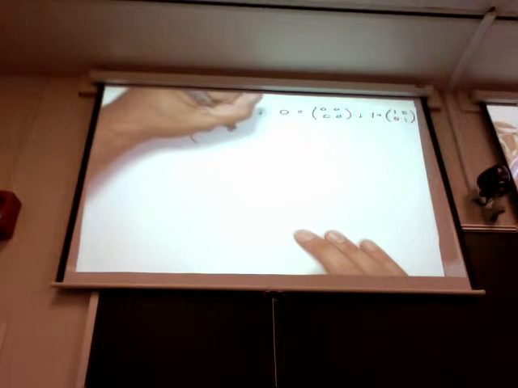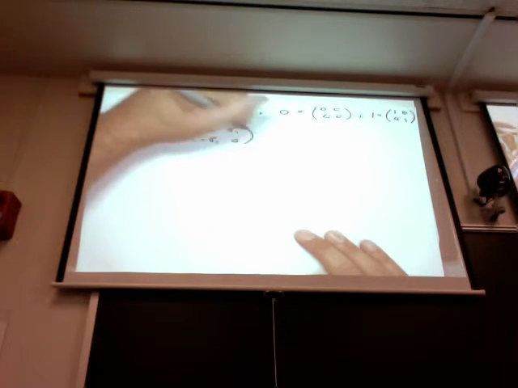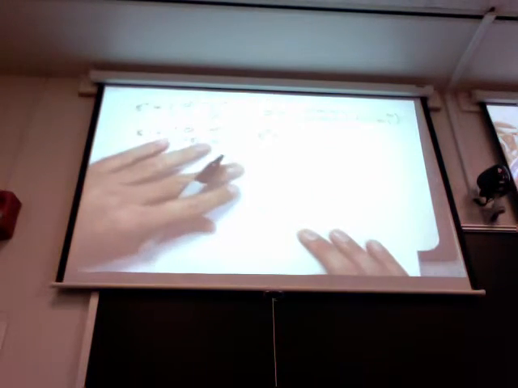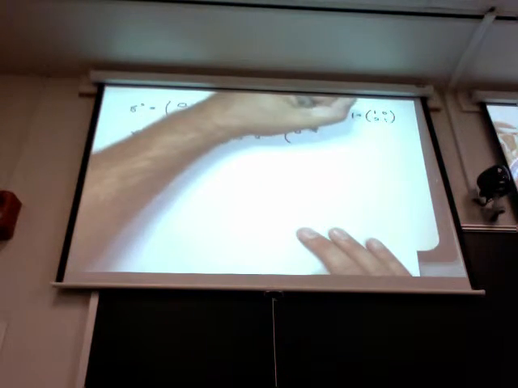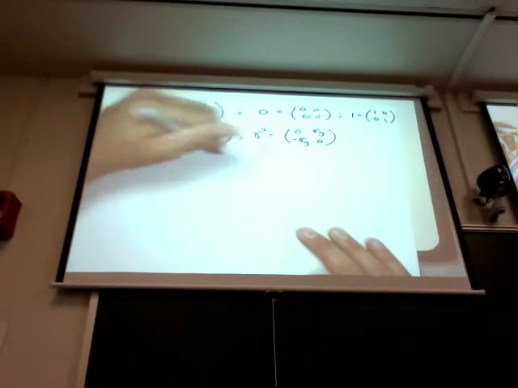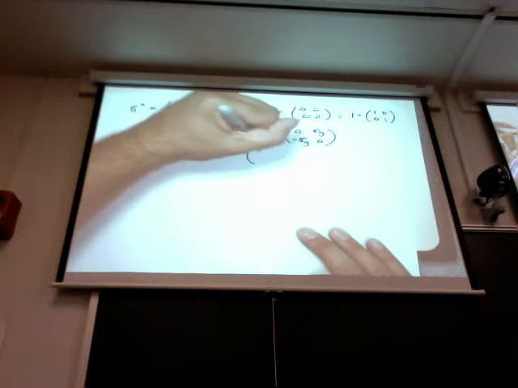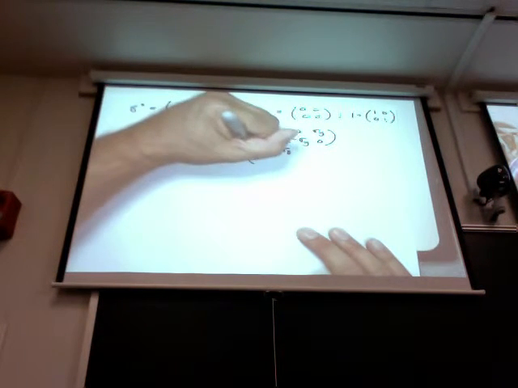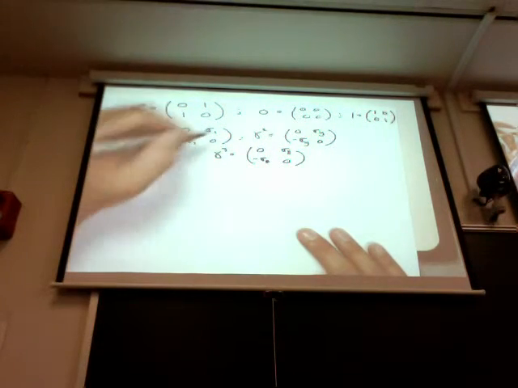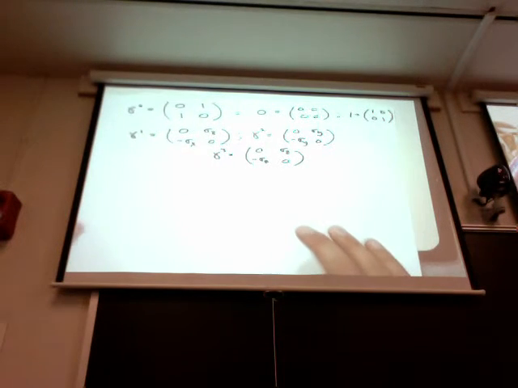Gamma 1 is 0 sigma x, minus sigma x 0. Gamma 2 is 0 sigma y, minus sigma y 0. And gamma 3 is 0 sigma z, minus sigma z 0. I mixed notation there, so let's call this x.